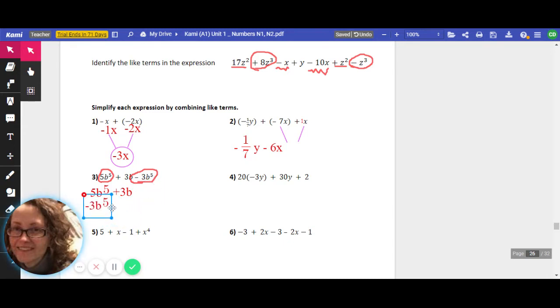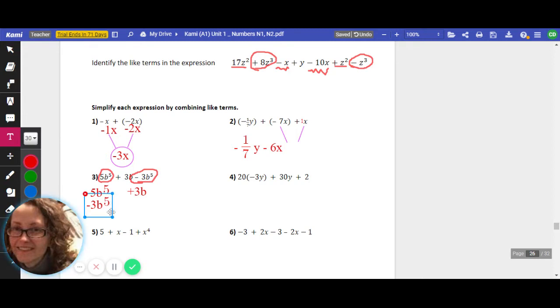Those two can combine, but this 3b, that is not the same. The variable b is not the same as b to the 5th.